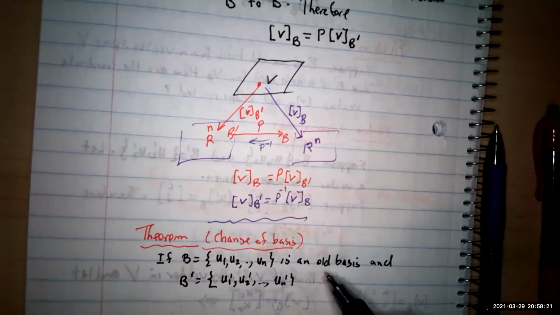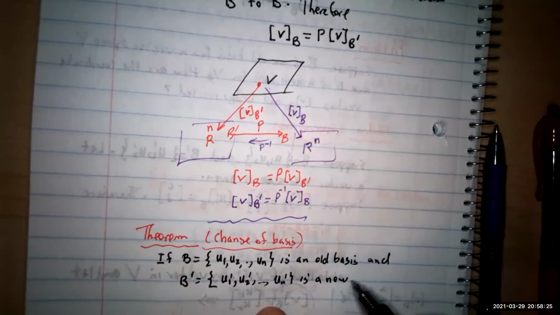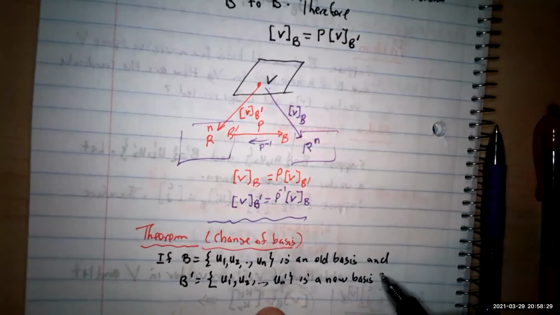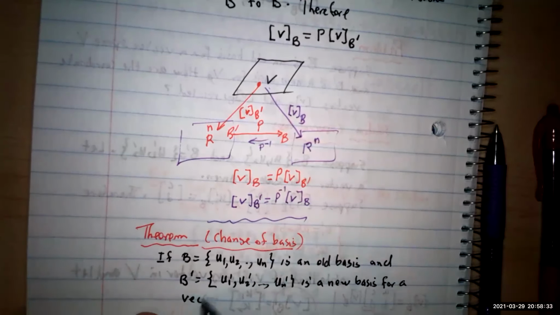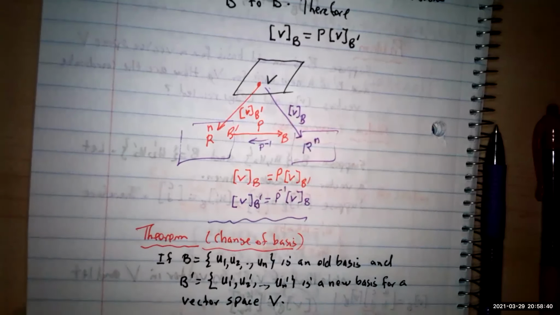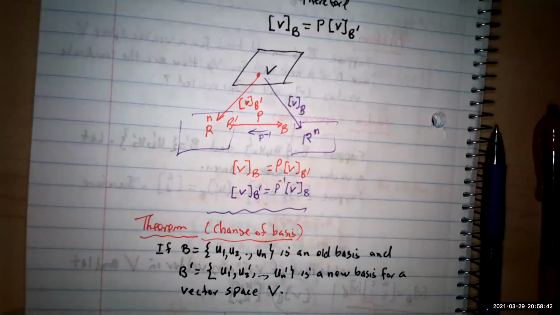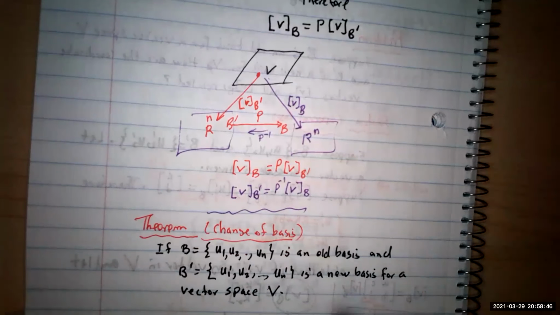This is a new basis for a vector space V. Okay, the old and the new one. Now then, if this is going to be the case, there is a P.